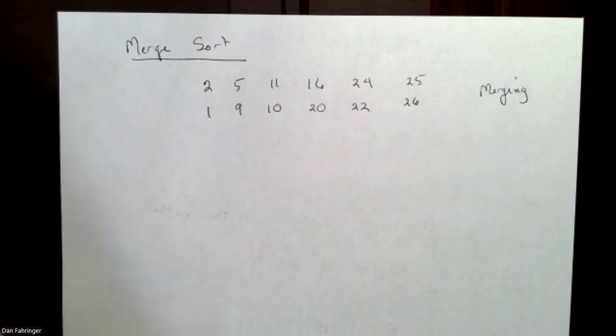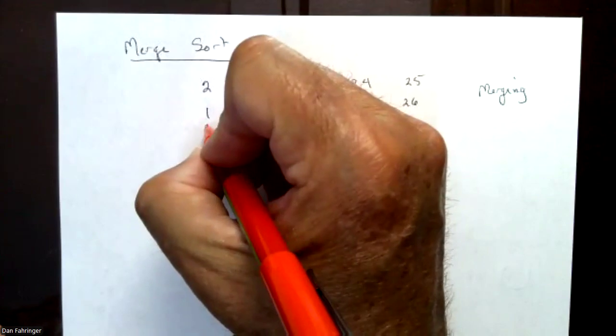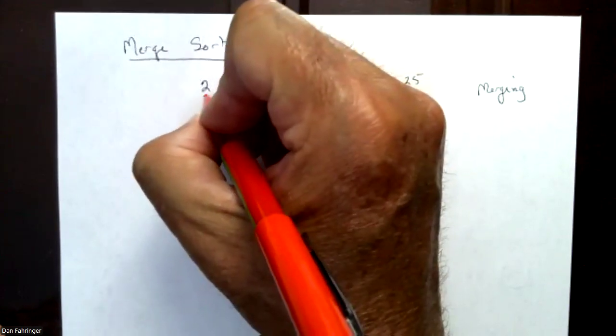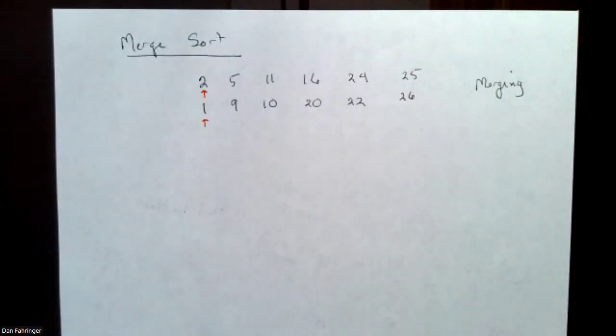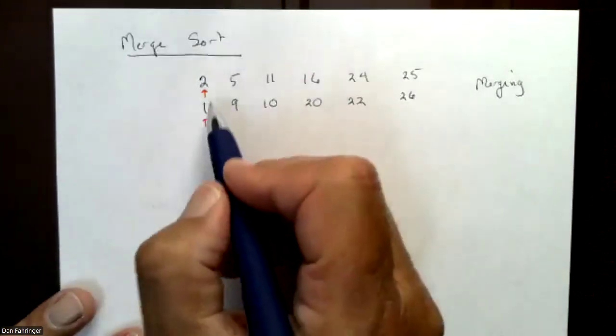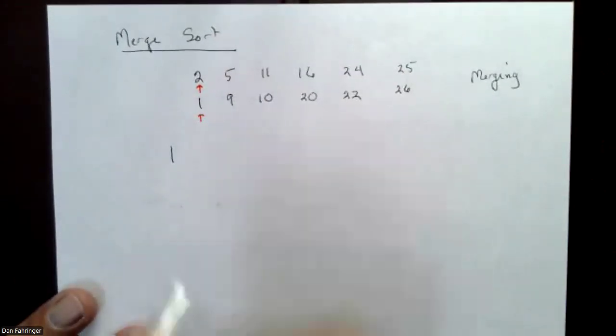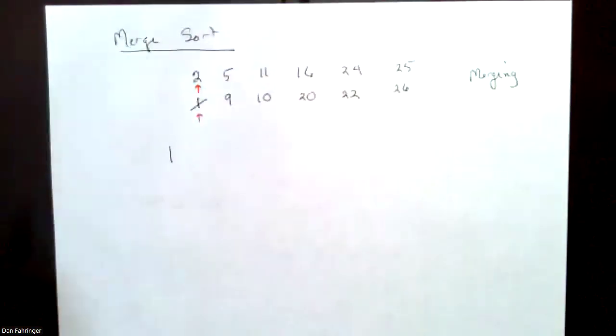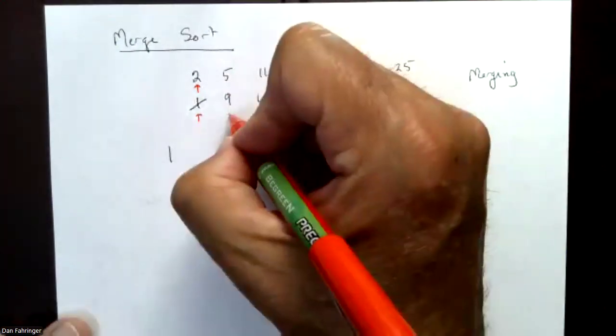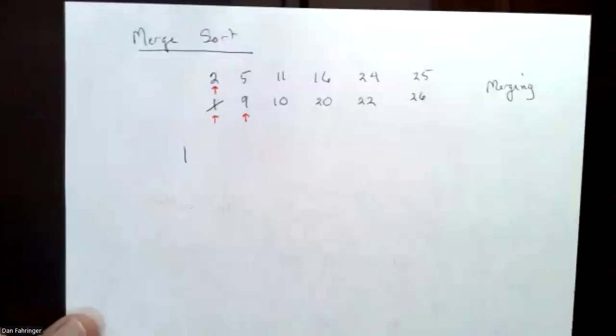Okay. I'm going to start here, the beginning of this list. I'm going to start at the beginning of this list, and I'm going to merge them. How do I merge them? Which number is smaller? 1, done. Now I move over. I record the 1 in my new answer list.